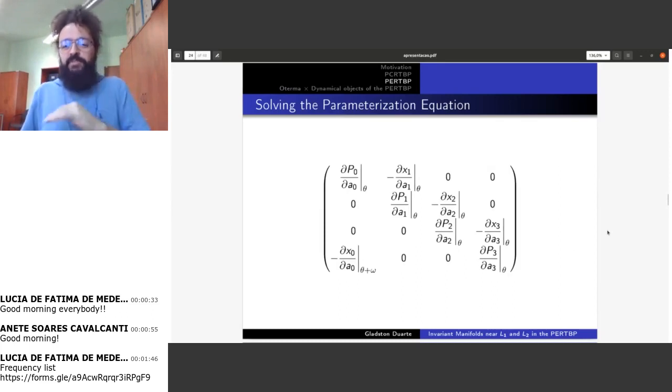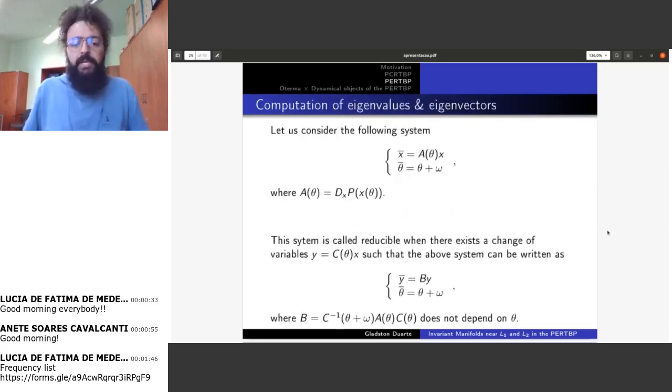I will just skip the computations, but again, everything is explained in my thesis if anyone wants to take a look at it. And then we now have a parameterization of these closed curves, which represent these different tori that we want to study.